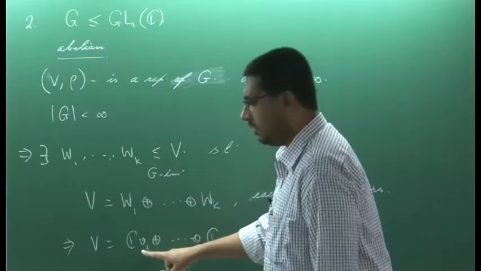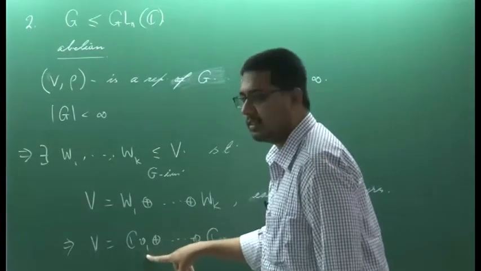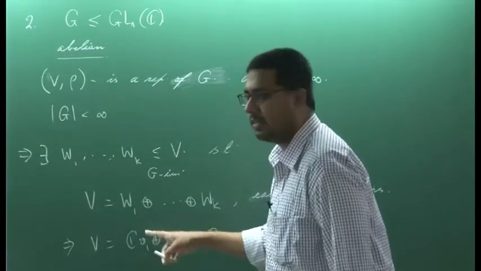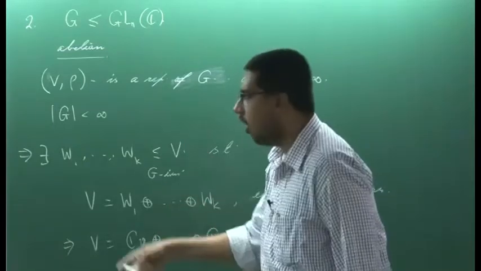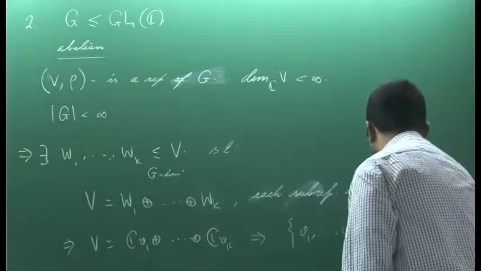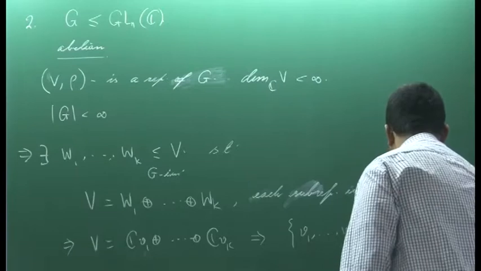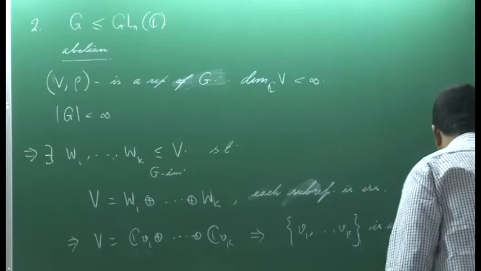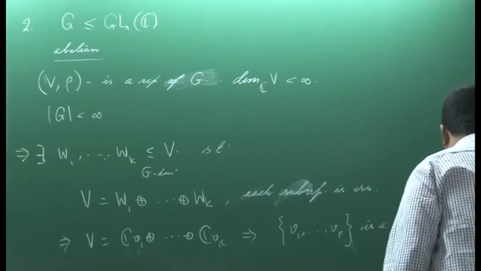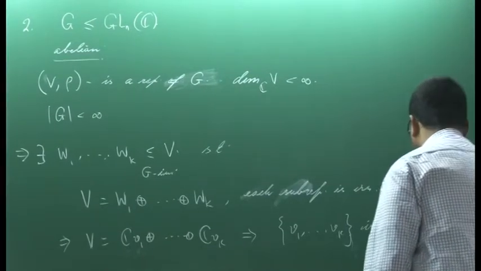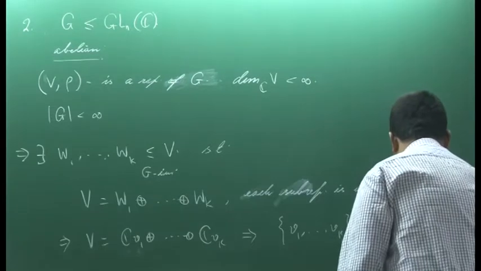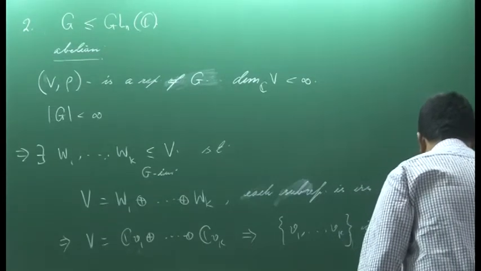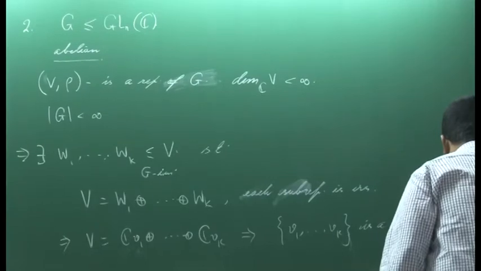Since this is a one dimensional subspace, and since this is G invariant, that means vi has to be an eigenvector for all rho g's. So, it is a common eigenbasis for this family of invertible linear maps.